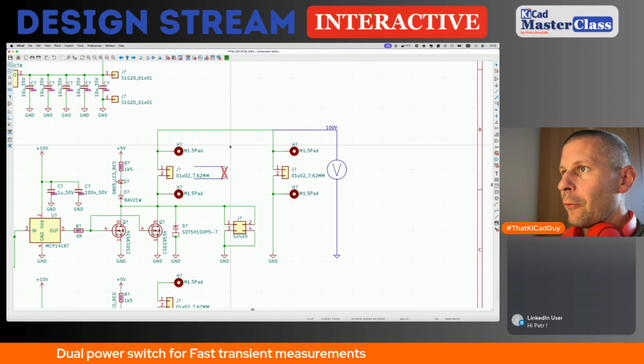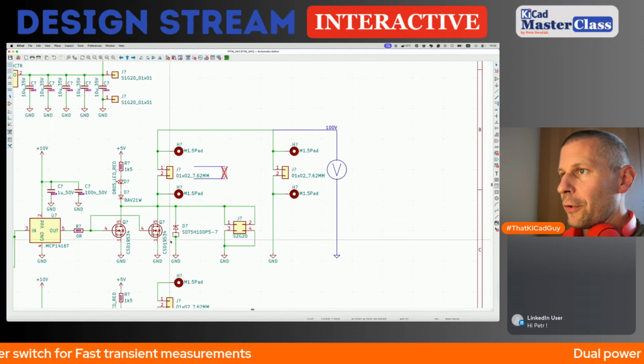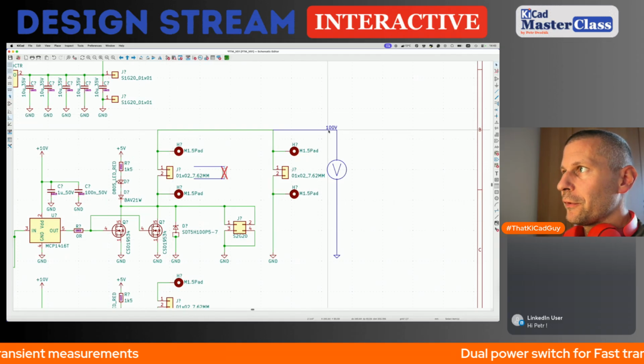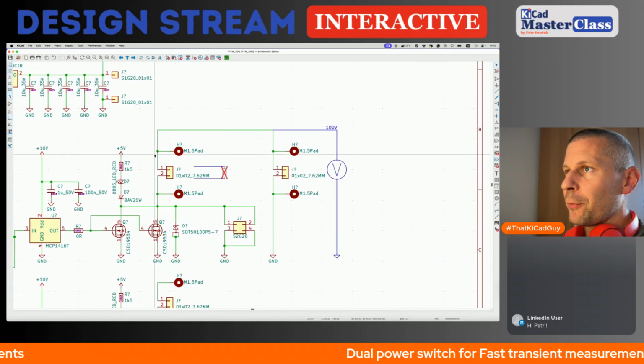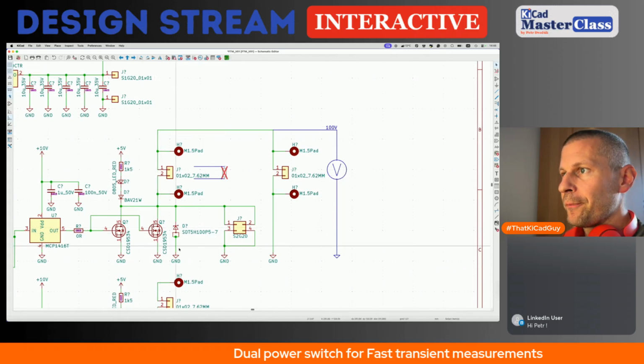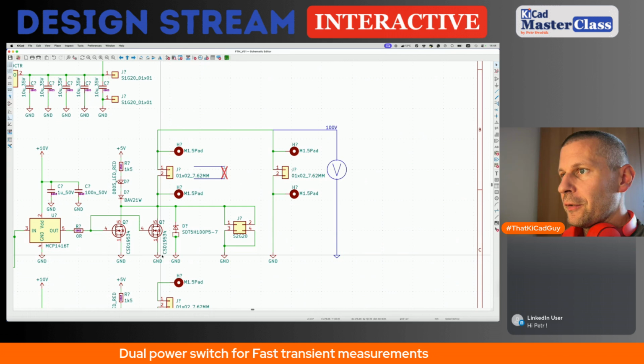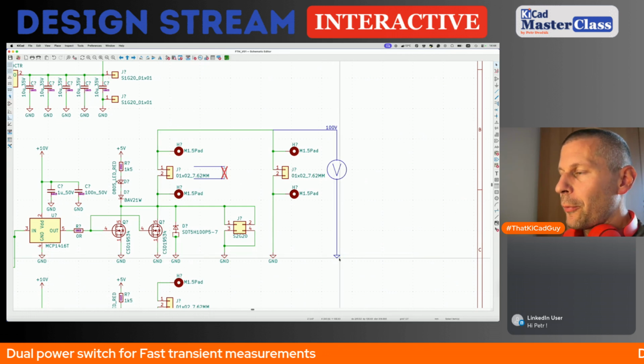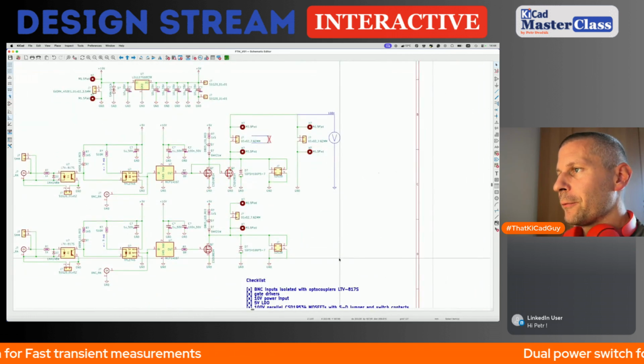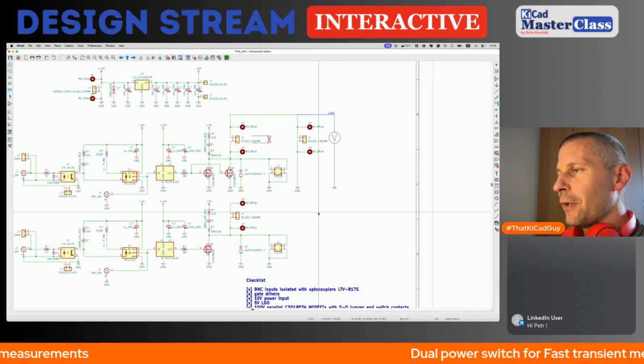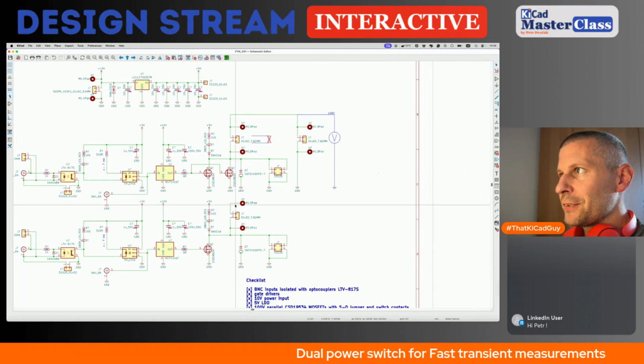Here will be our load, and this is our load switch. So the external power supply supplying the load and switching by the MOSFET, and here is our return path. Okay, that's correct.